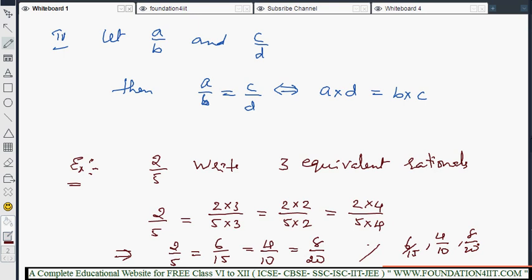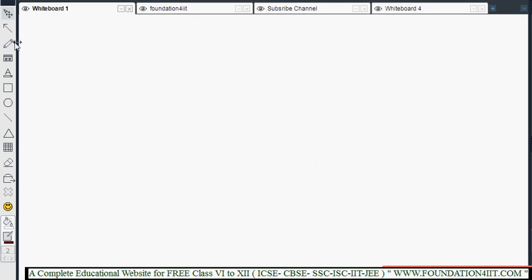Now let us see the standard form of a rational number. How we need to write the rational number in standard form means to simplify the rational number. For example, take 48 by minus 20. What is the standard form?